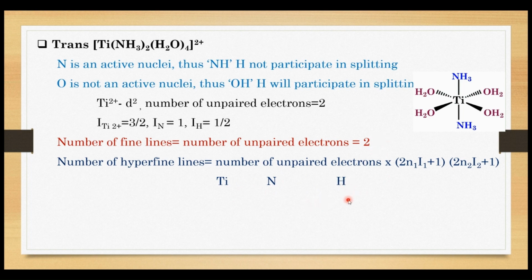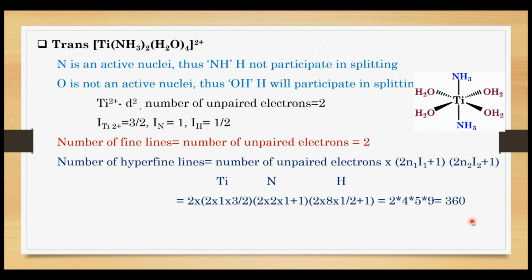Now the splitting will be 2 into 2 by 1 into 3 by 2, that is the splitting caused by titanium. Next 2 into 1 plus 1, that is the splitting caused by nitrogen. Here these 6 hydrogens won't participate, and then 4 oxygens won't participate, but overall 8 hydrogens will participate. 2 into 8 into 1 by 2 plus 1, overall 360 is the number of signals. The number of hyperfine lines means 360, and the number of fine lines will be 2.